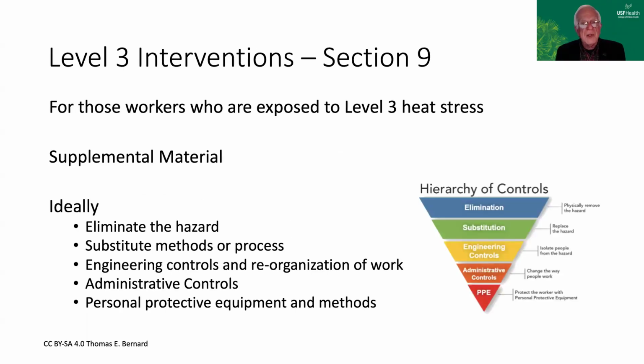Level 3 interventions are mainly dealt with in the supplemental material, and it's basically the traditional hierarchy of control. So whenever you've learned about heat stress and what you do above the occupational exposure limit, that's kind of where you begin to bring in your tools and training.